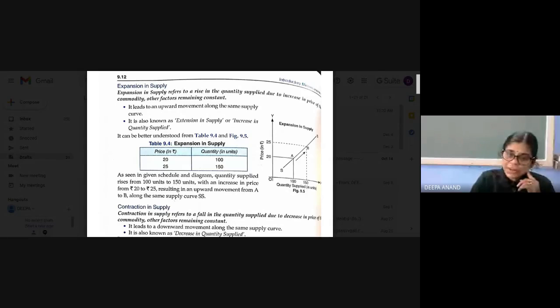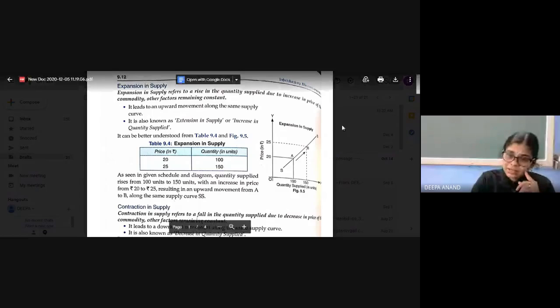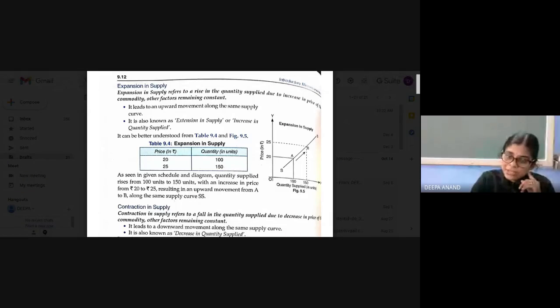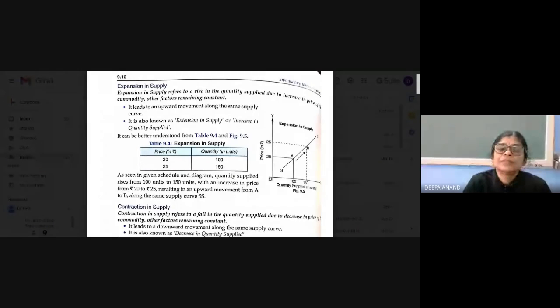As we are discussing expansion, 20 goes to 25 and 100 goes to 150. Mark the previous one with a regular line first, and after that show the expansion. Then name the supply curve as S. This arrow from A to B is the upward movement. Show this arrow and name the points A and B, the movement, the shift, A to B. So that is expansion. Is it clear to you?